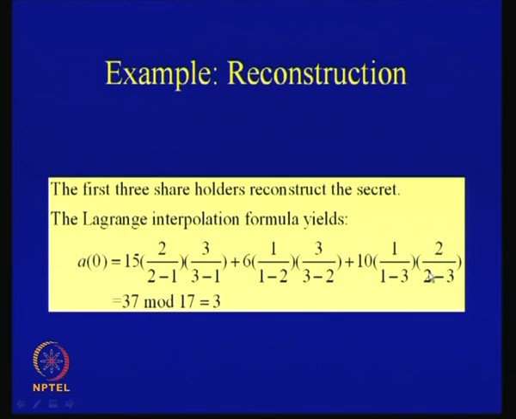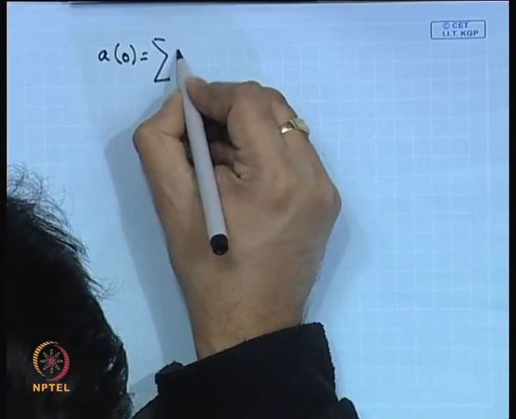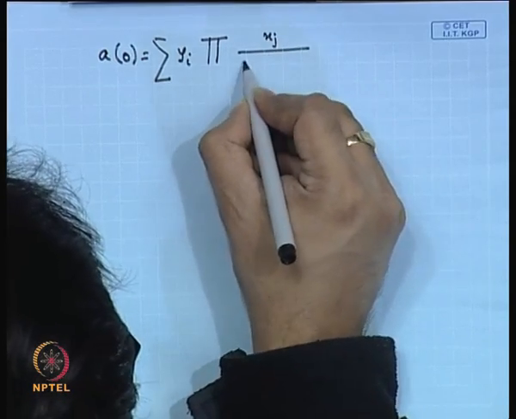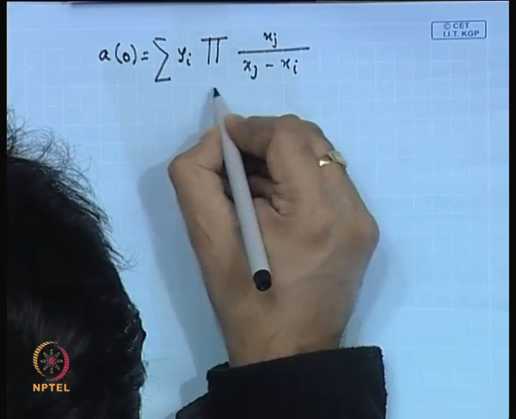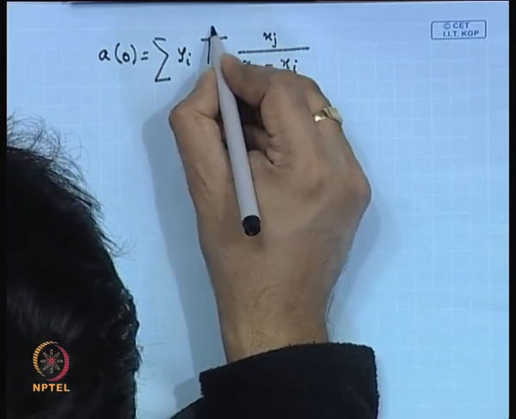You know that for the general case this was the polynomial: the sum over i equal to 1 to t of yi times the product of xj divided by xj minus xi, for j not equal to i and j equal to 1 to t.